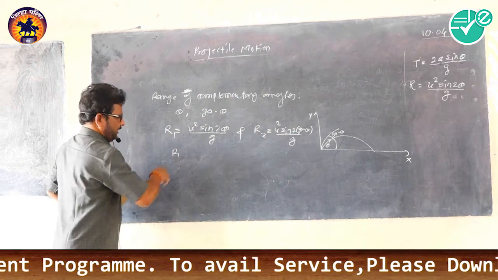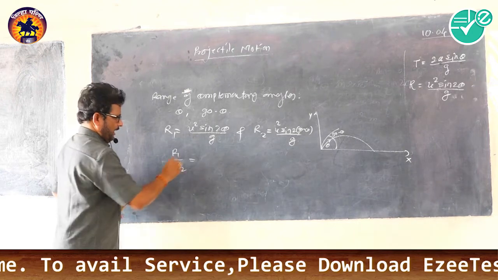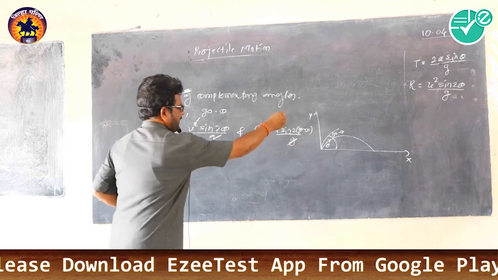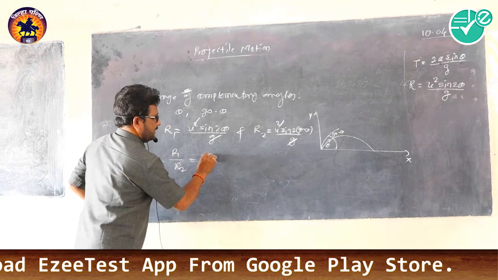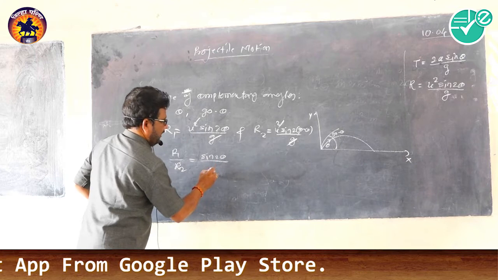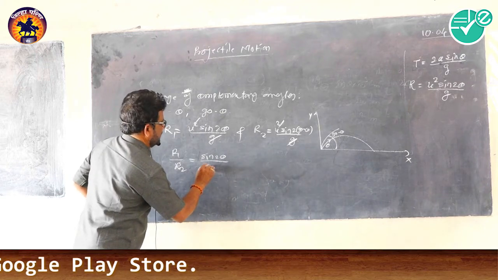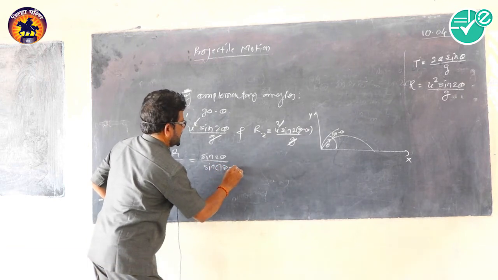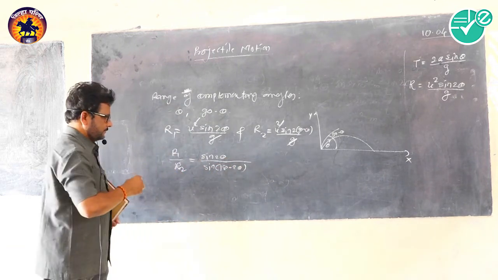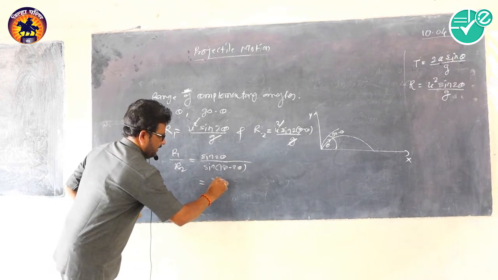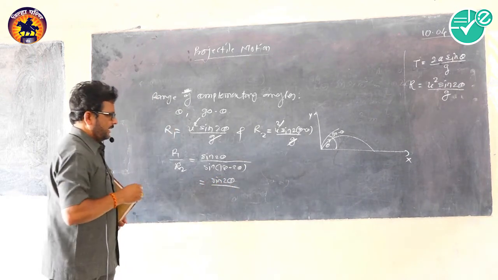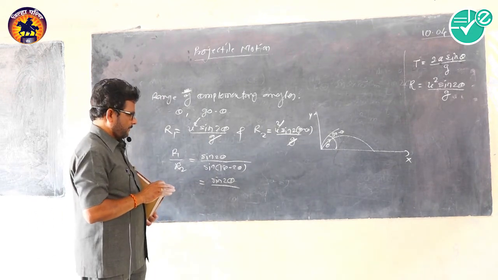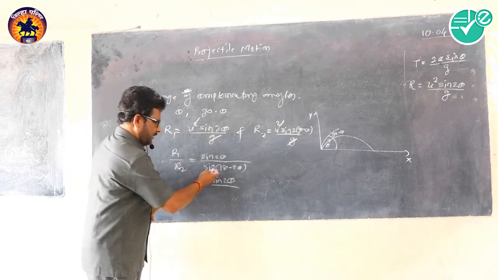Therefore if we take the ratio of these two, R1 upon R2, g cancels, u square cancels, so only sin 2 theta upon sin of 180 minus 2 theta remains.